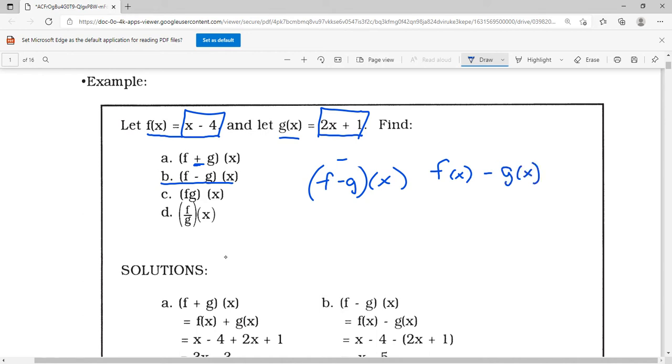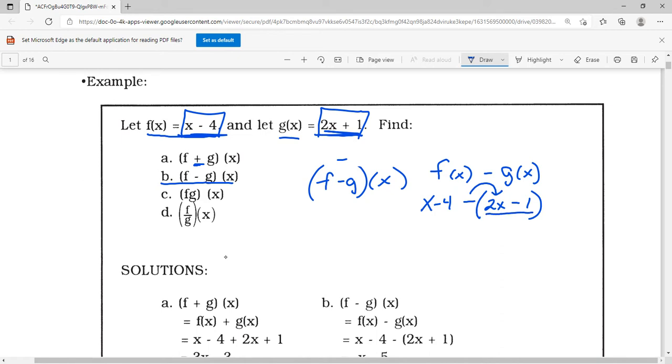Okay, f of x is x minus 4, and we're subtracting, so I'm going to put g of x in parentheses, 2x plus 1. I put that in parentheses because we have to distribute this negative sign. We're subtracting the whole function, not just the 2x.